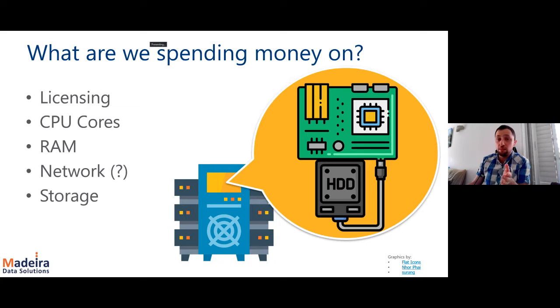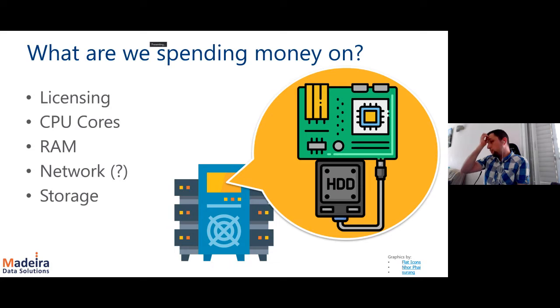Licensing is usually the most expensive component, and then it goes to CPU cores, which also in its own way affects licensing, and then below that RAM, and then network, and then storage at the very bottom. Of course, this can change based on different scenarios and different estates. Maybe you are in the cloud, maybe you're not, maybe you have your own. But usually, in most cases, this is how it looks.